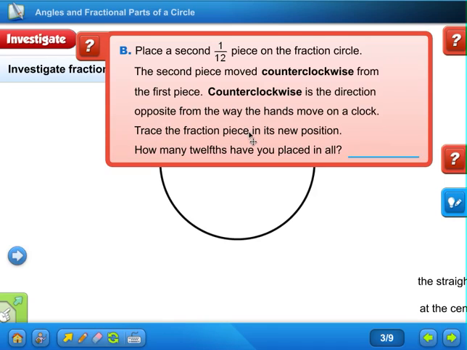Trace the fraction piece in its position. How many 12ths have you placed in all?